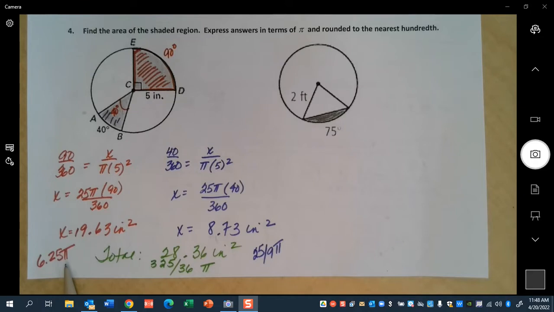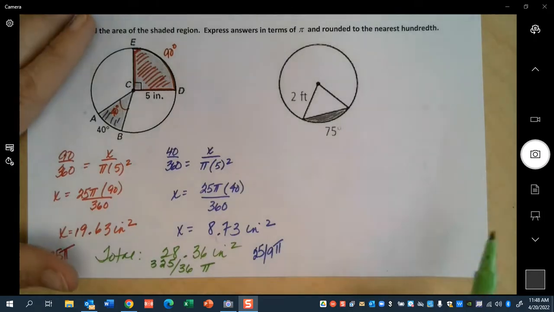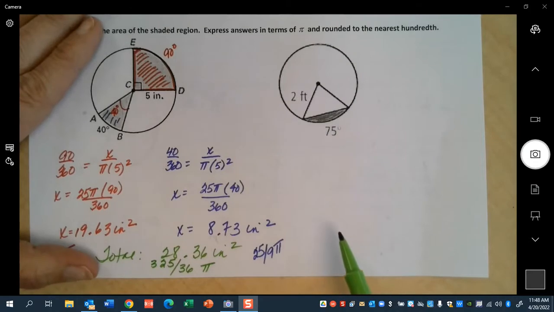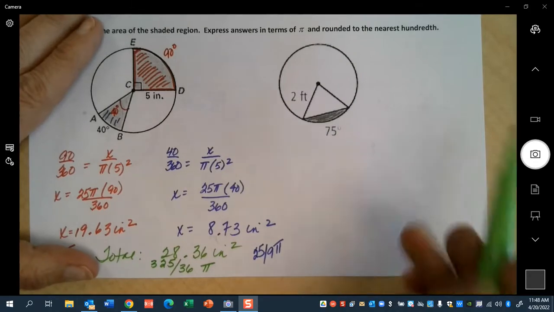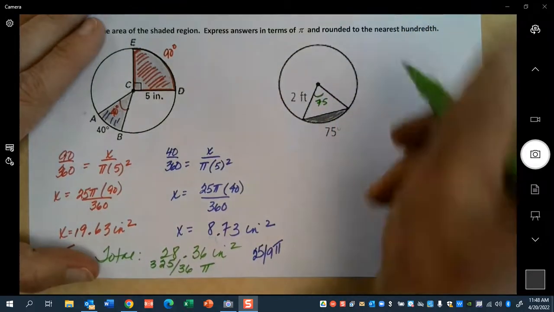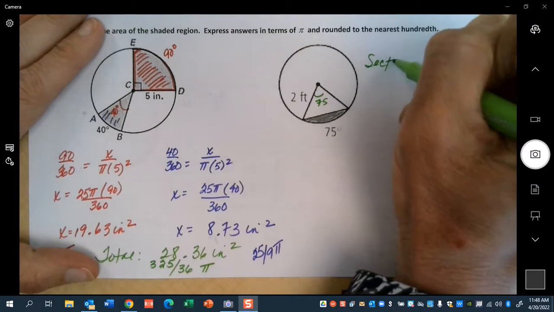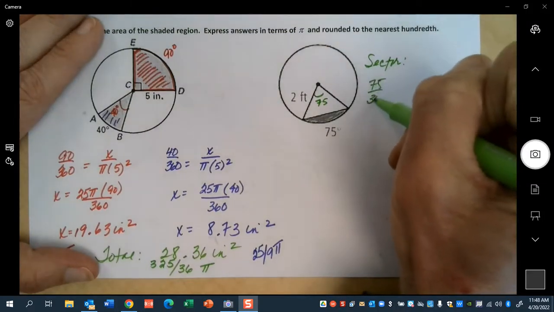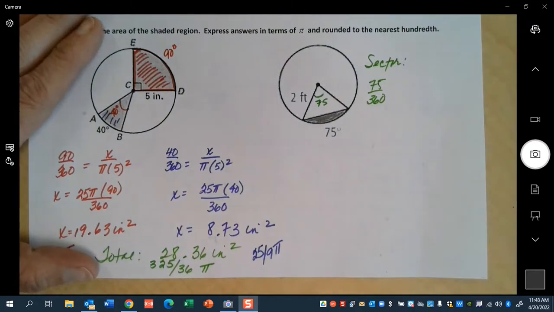All right, we talked about what a segment was when we were together and doing our notes. And what I want to do is do one with you so that you can see it for sure. Because our first step in solving the segment is to go ahead and get the area of our sector. So when we find the area of our sector, that's 75 out of 360 degrees that I care about.